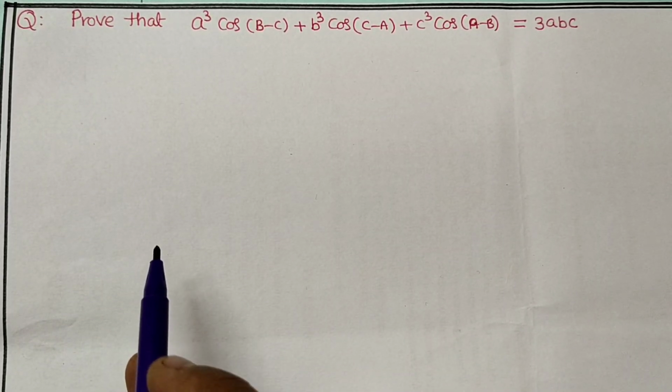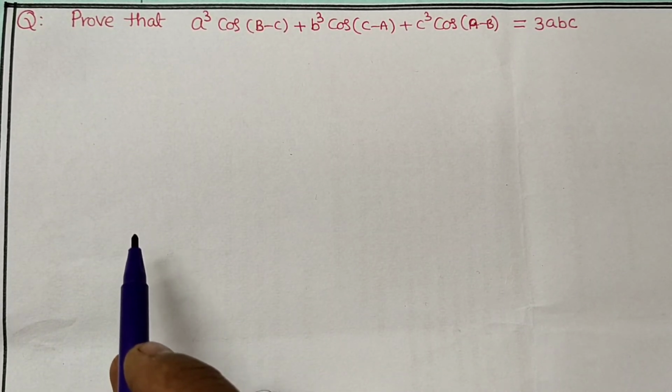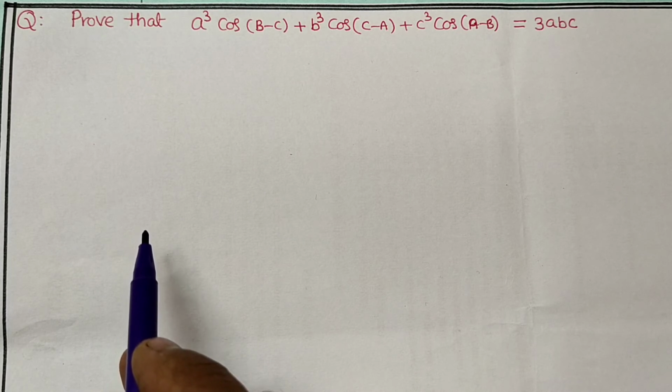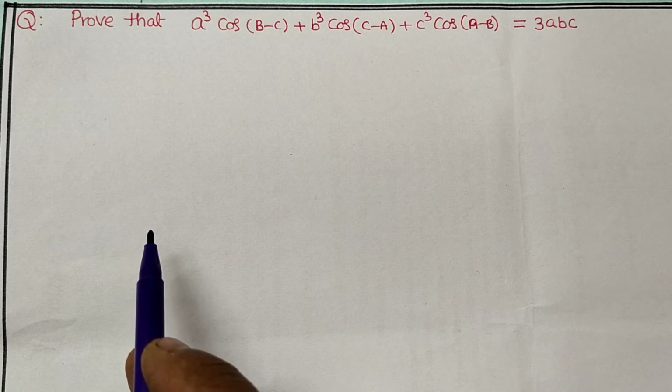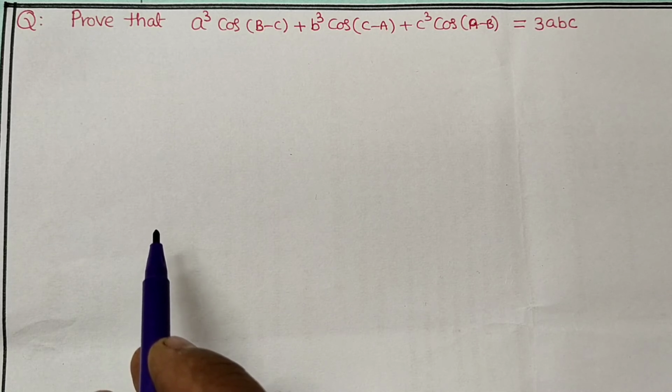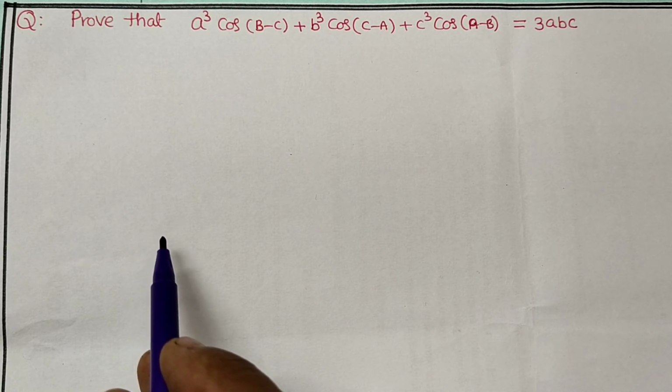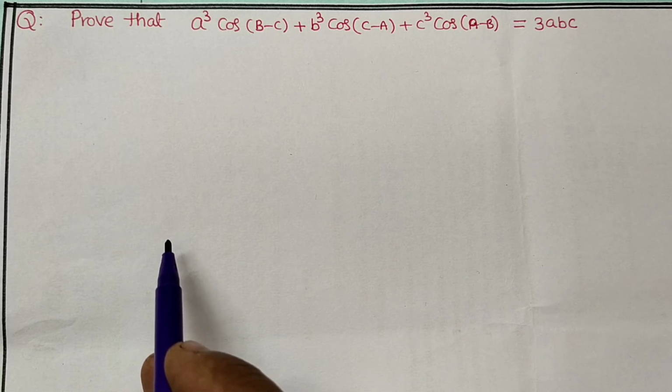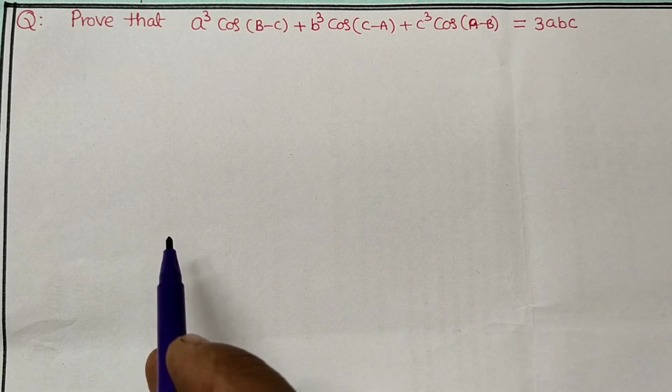The next question: prove that a cube into cos of b minus c plus b cube into cos of c minus a plus c cube into cos of a minus b equal to 3abc. This is very, very important in properties of triangles for 7 marks question, long answer type questions.